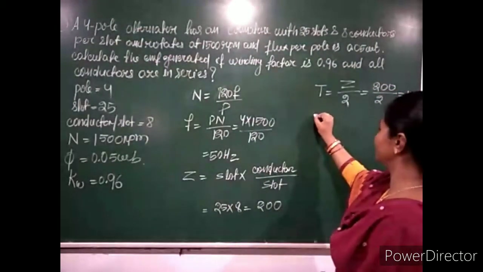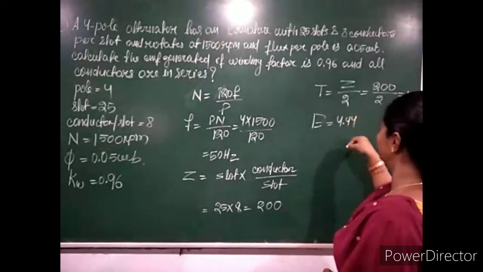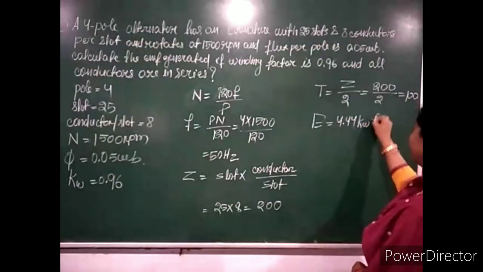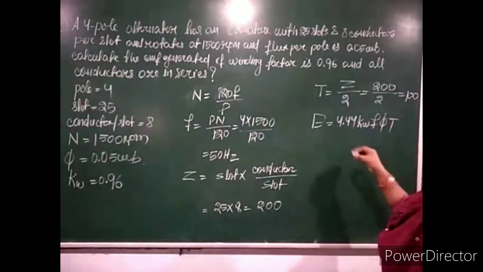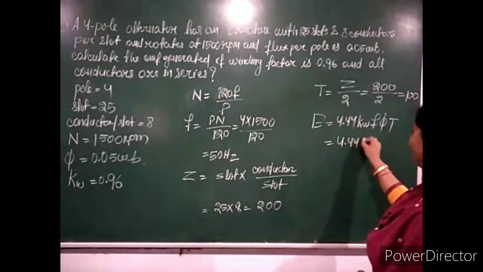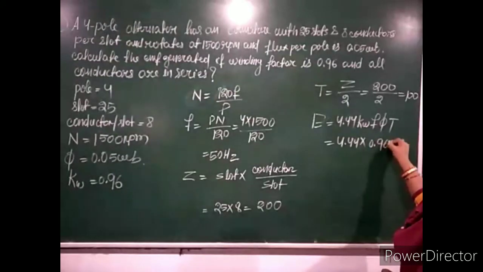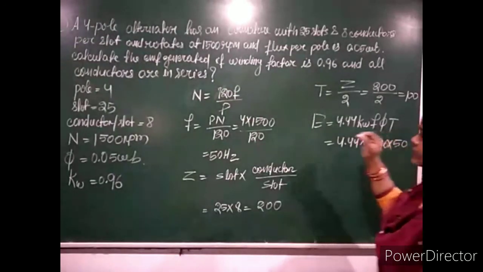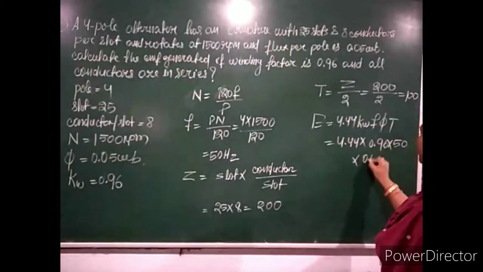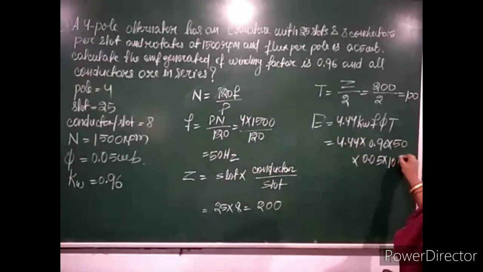Now finally I find the EMF generated, that is 4.44 into winding factor into f phi T. By putting all these values: 4.44, winding factor 0.96, the frequency we have got as 50 Hz, flux 0.05 Weber, and number of turns 100.